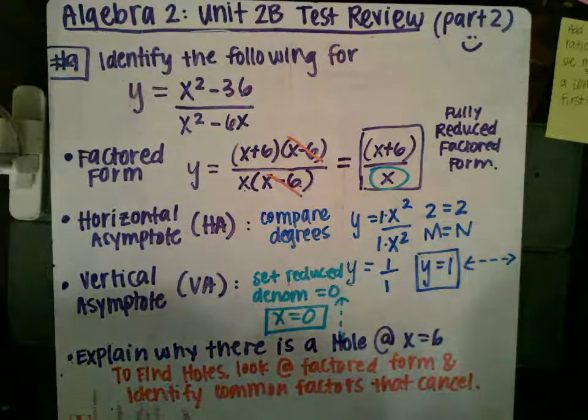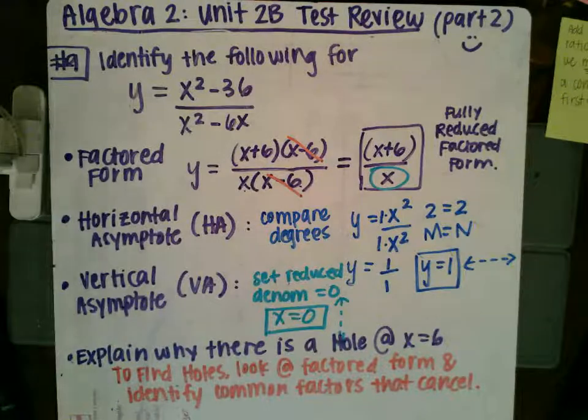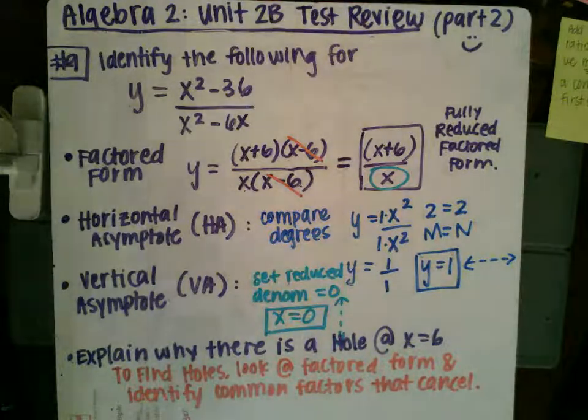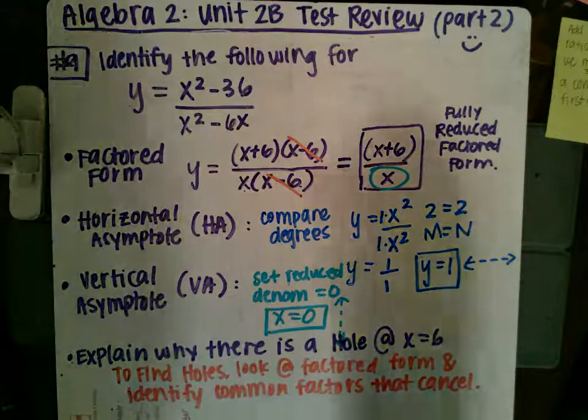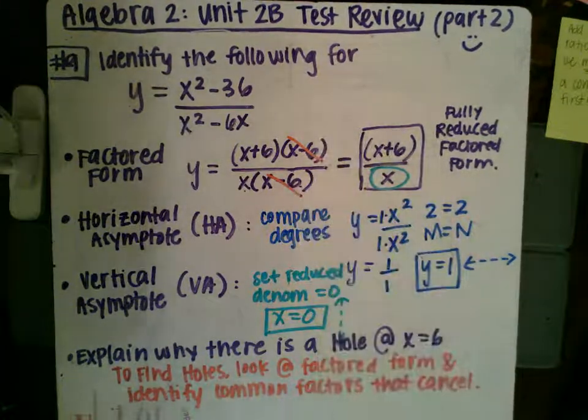Okay, so we can see here that the common factors that are canceled out is x minus 6 and x minus 6 on the numerator and the denominator. Right here, x minus 6, x minus 6.